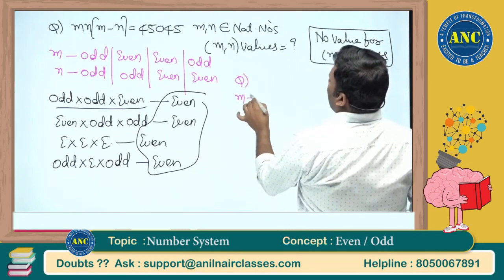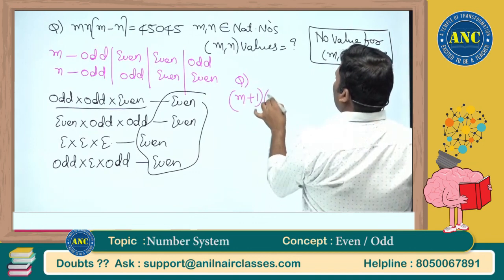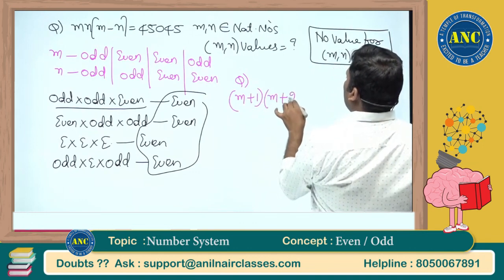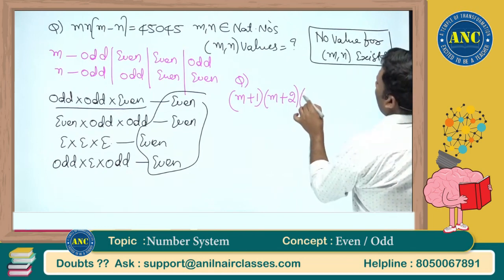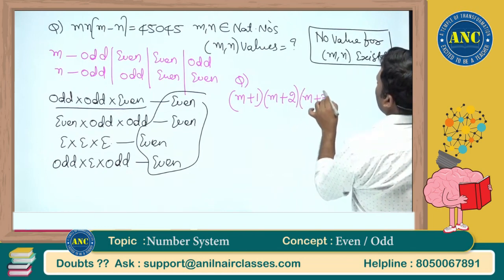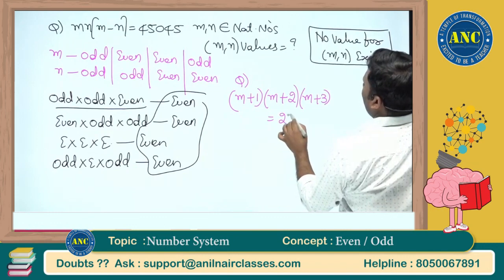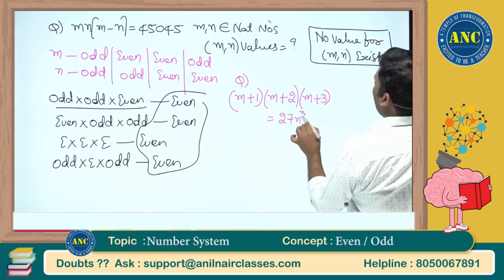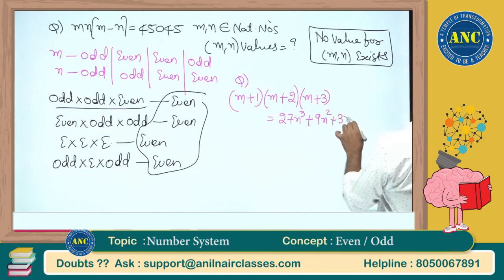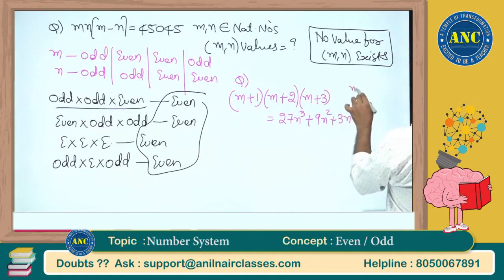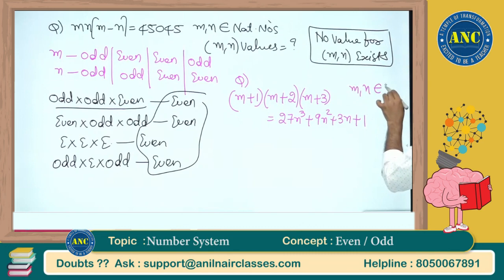Similarly, it can be given M plus 1 into M plus 2 into M plus 3 equivalent to 27N cube plus 9N square plus 3N plus 1. M, N are natural numbers.